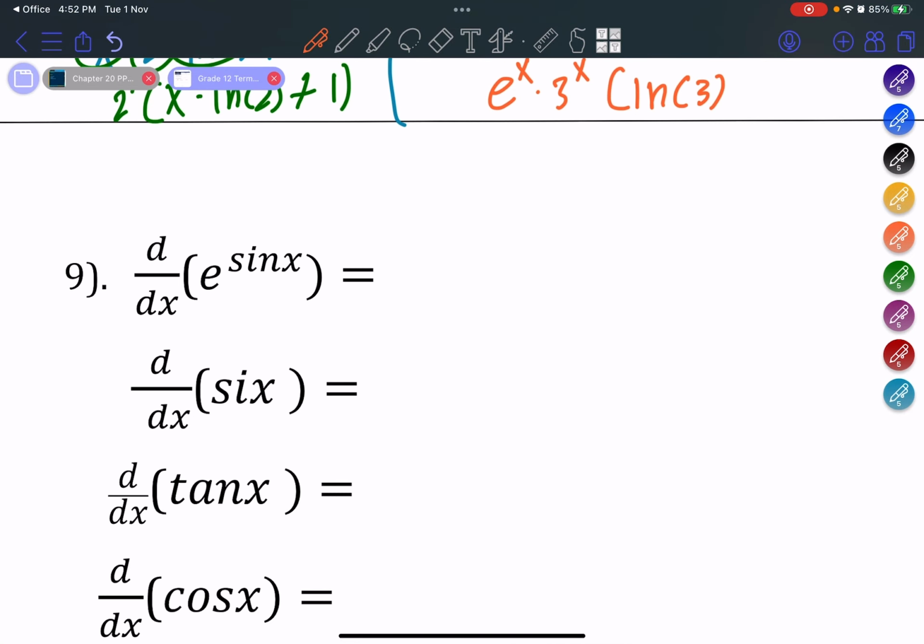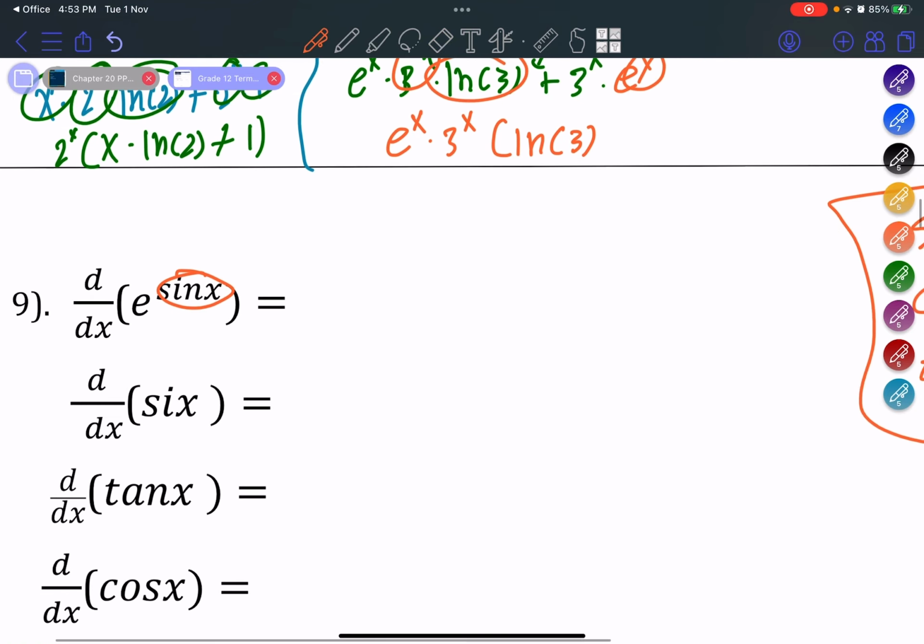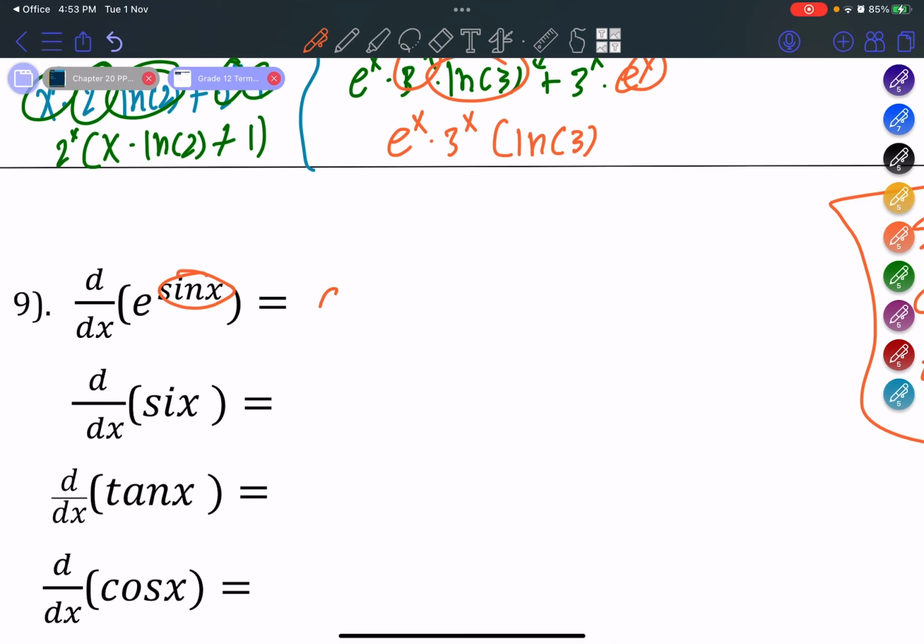This is actually a chain rule, and it basically tells us to find the derivative of the outer function and then times it by the derivative of the inner function. So this will become something along the lines of, the derivative of this will be cosine x, and then times the derivative of the inner function, which is still the same, e power sine x.